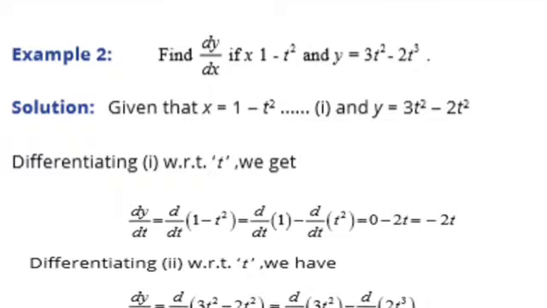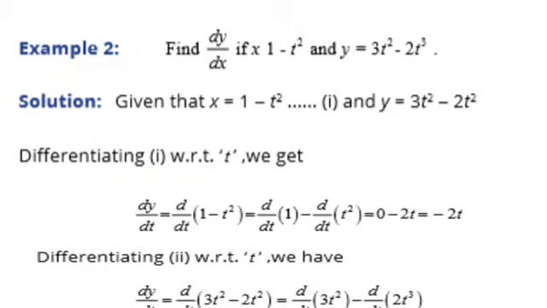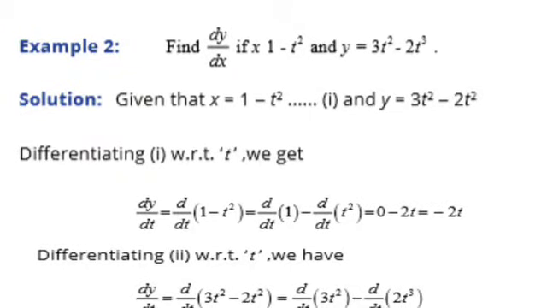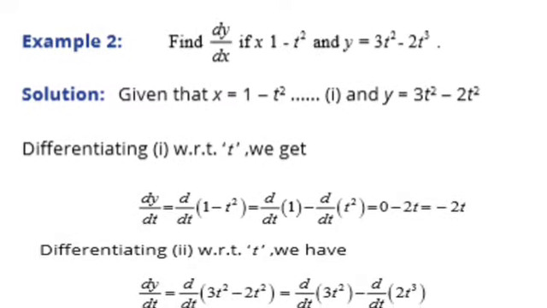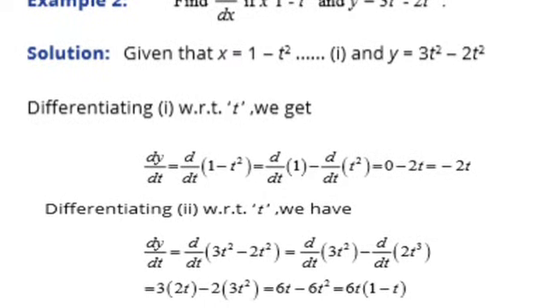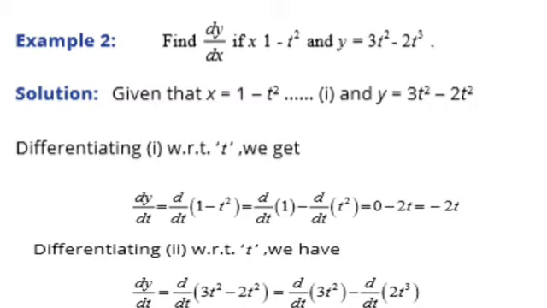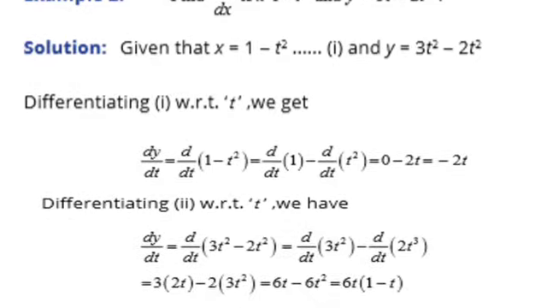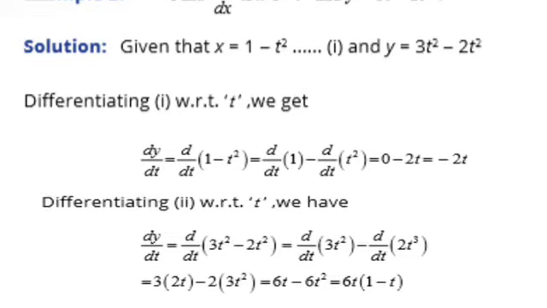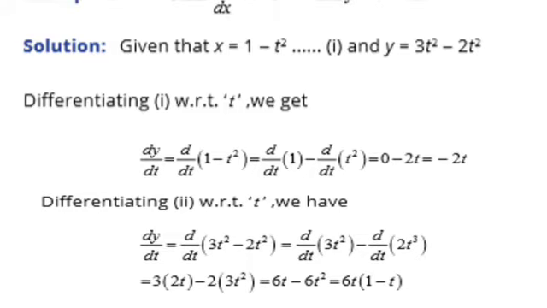Now again we have two equations, x is equal to 1 minus t square and y is equal to 3t square minus 2t cube. We differentiate both these equations with respect to t. The derivative of x with respect to t: the derivative of 1 is 0, and of t square is 2t.